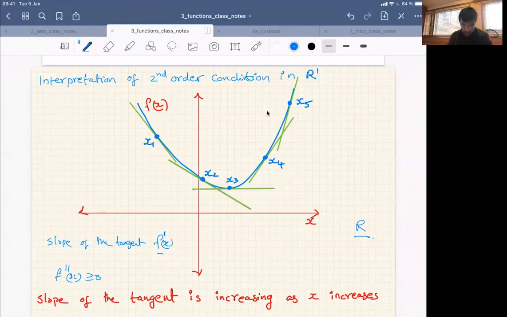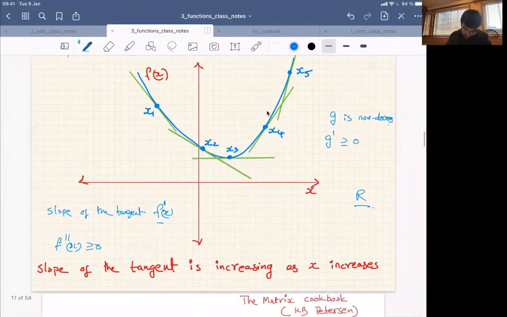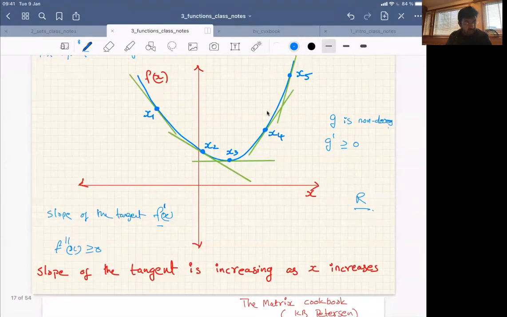When you say that, if you have a non-decreasing function, for example g is non-decreasing, then we can say that g dash should be greater than or equal to 0. So here I have a function f dash x; initially I had f of x.